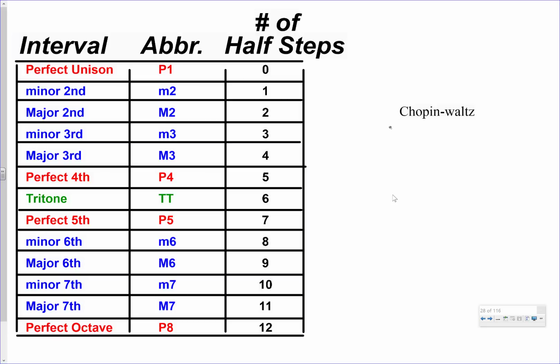So hopefully you copied down this chart. Now, one thing I want to point out is that hopefully you remembered to do this, and if you didn't, please do so now. But for the abbreviation column, anything that is minor, you should be putting a line over the M, like so.